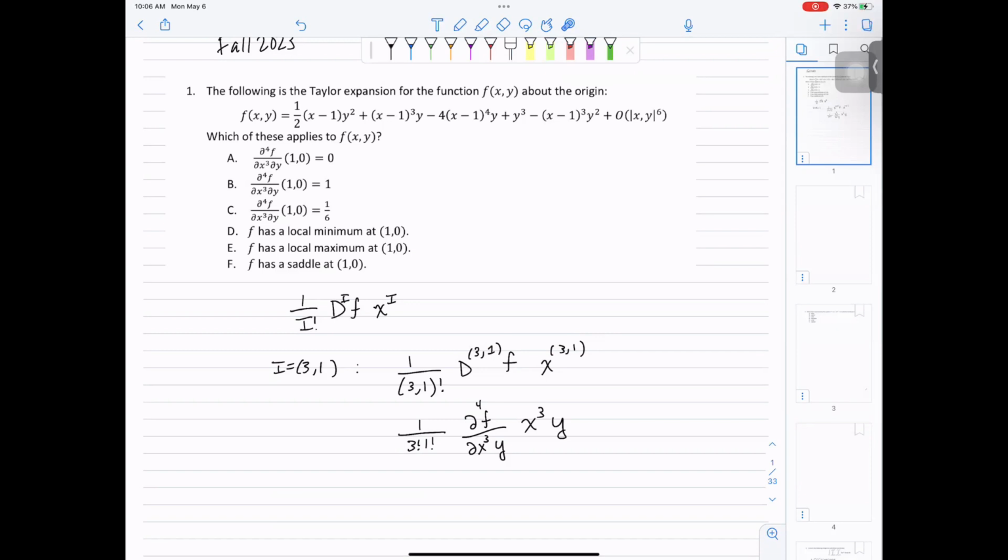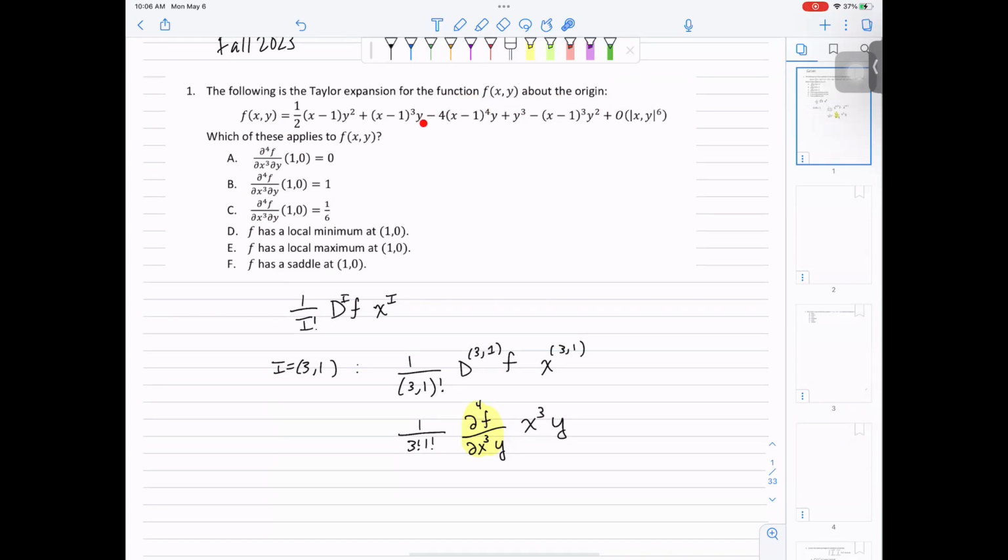So we see, just in this first part, what are the first three answer choices? All of the first three answer choices are asking: what is the partial with x 3 times and y 1 time? So we want to find this. In order to find that, we have to see, do we see an x cubed y term in our Taylor series?